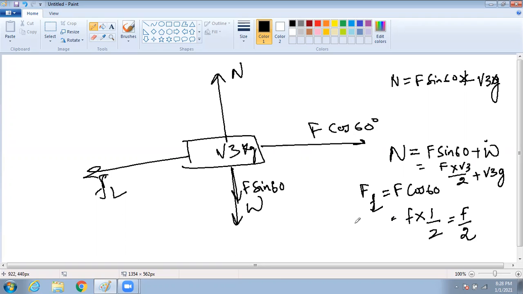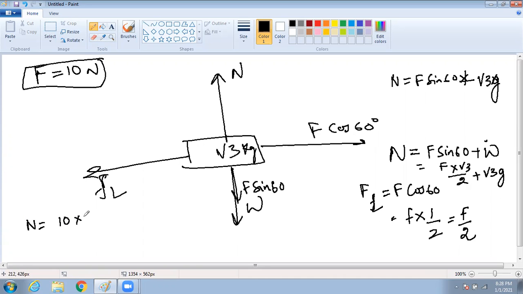Am I correct? Yes, sir. Okay. So I am putting F. The value of F is, let's say, 10 Newton. So what will be the normal force?